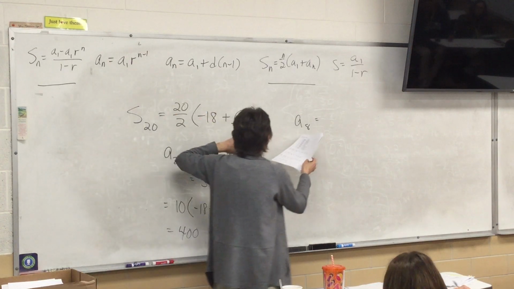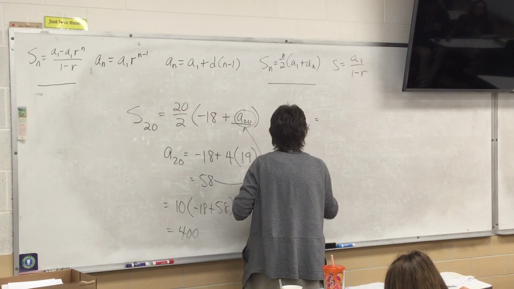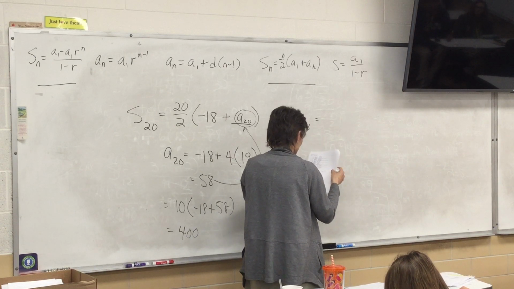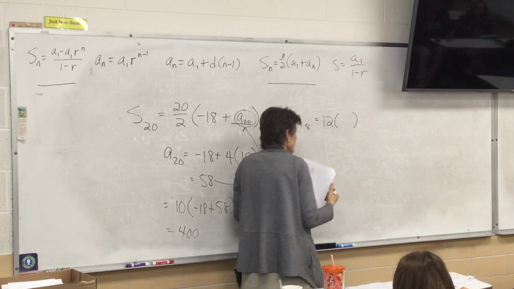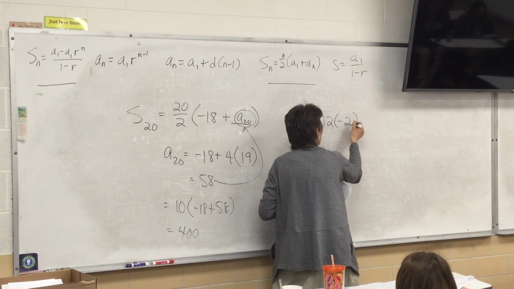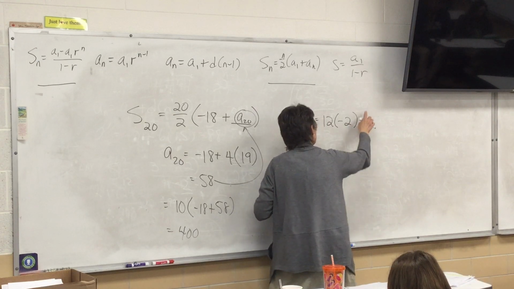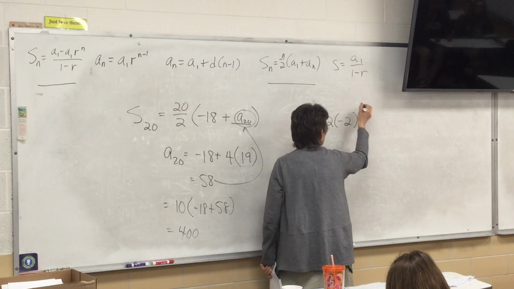So the 8th term, using that formula right there, would be the first term, which is 12, times the common ratio. What did you say that was? -2. Multiplying by -2. And what's my exponent going to be? Be careful. What's my exponent? 7.